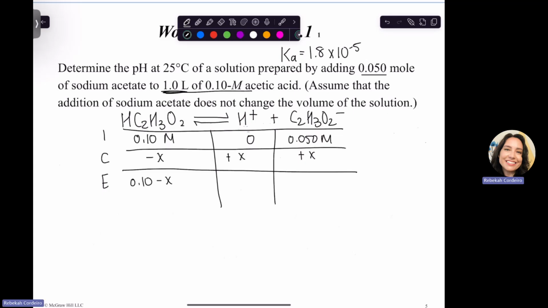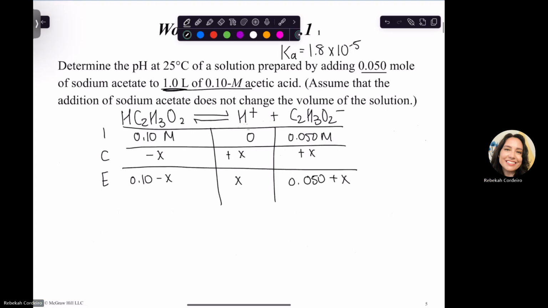And then our E. And notice now we have not just 2 x's over here. We've got 0.05 plus x. So that'll make this a little bit more interesting. Then we have our Ka, which is going to be hydrogen or hydronium. Again, I'm just using hydrogen to go a little faster. As long as you know the hydrogen and hydronium are the same thing when in water. And then we can plug in.